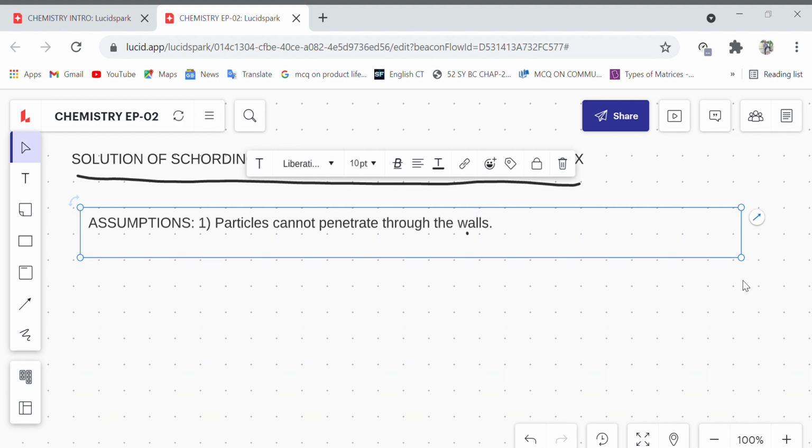The next, particles don't lose energy even on collisions, and kinetic energy is constant.